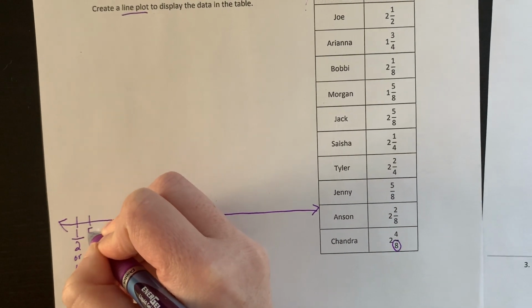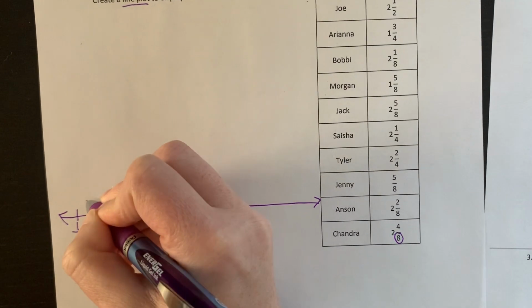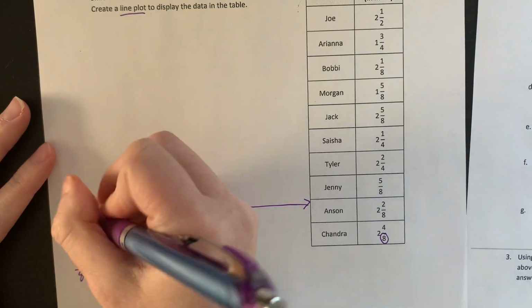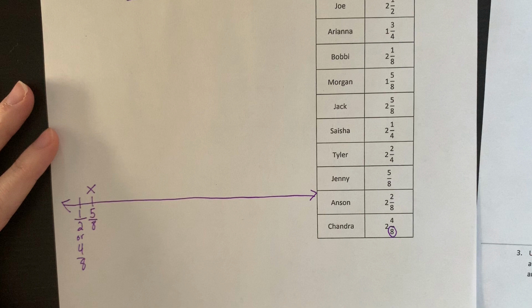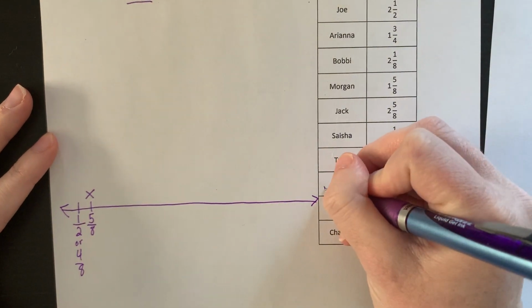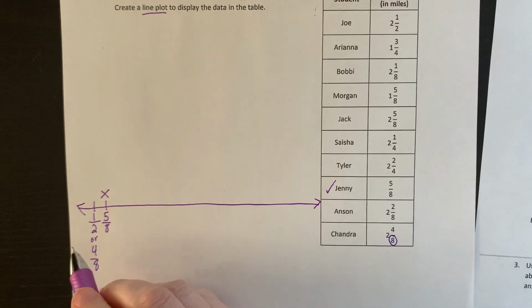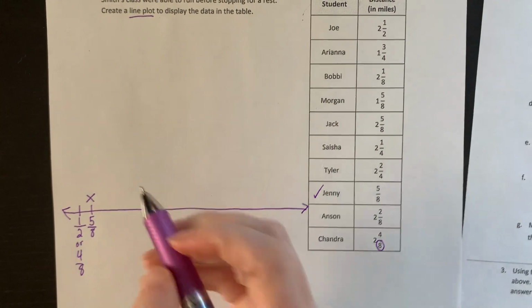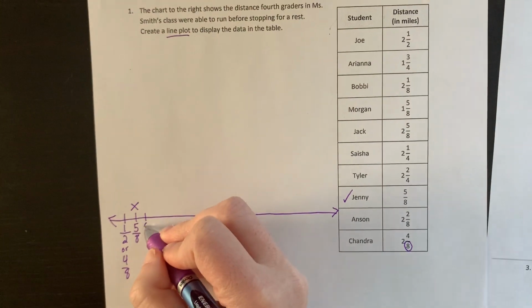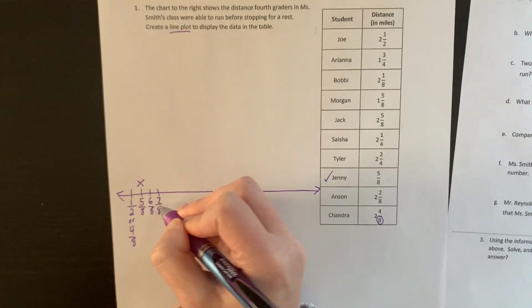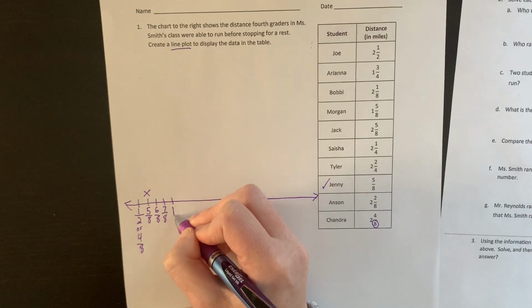Then I have 5/8. And to mark the data point for Jenny, you put 1 X above the 5/8, and I'm all set with Jenny. Now I'm going to keep focusing on the line plot. So I have 6/8, 7/8, and then 8/8 is 1.